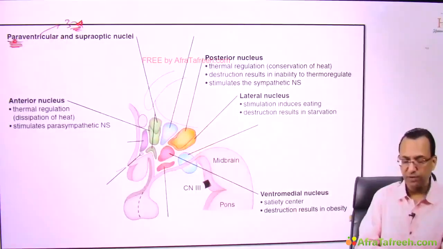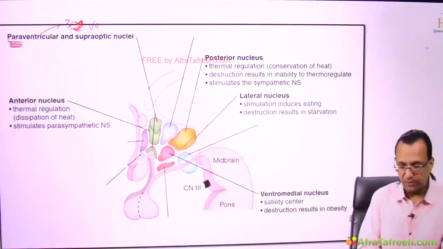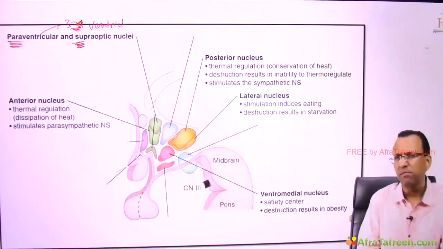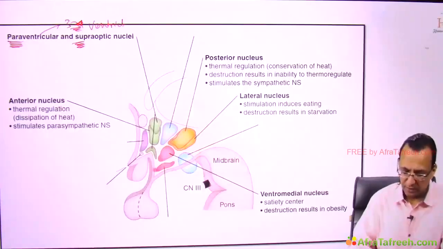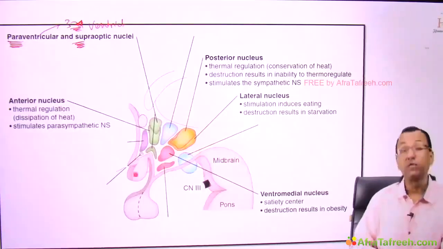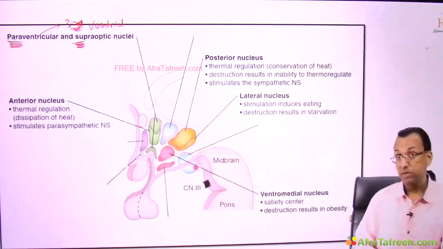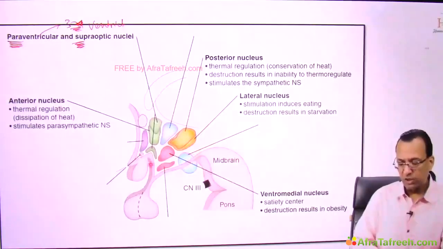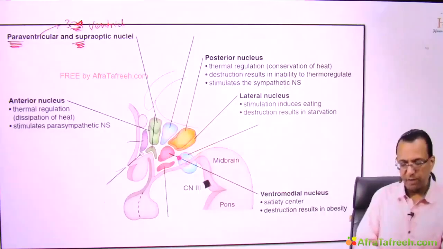And supraoptic: do you remember there was the optic chiasma at the floor of the third ventricle? I think there was the mammillary body also, and the tuber cinereum also, on the floor of the third ventricle.